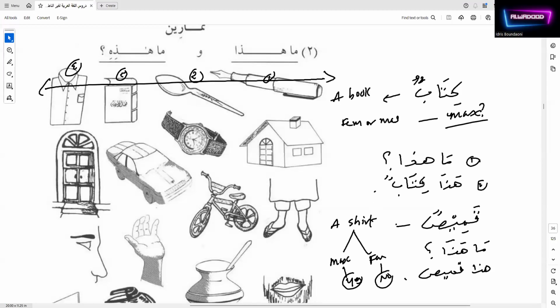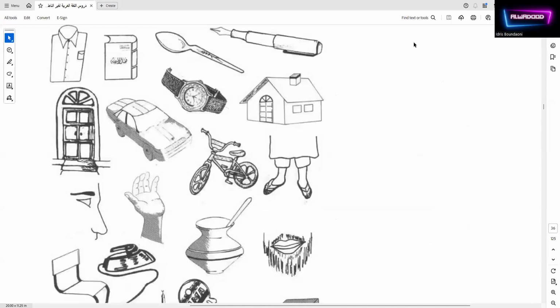But before that, you know that this is called, let me see, this is baytun, this is sa'atun, this is sayyaratun, this is babun, and this is rijlun, and this is darrajah, and this is yadun, and this is anfun, and this is famun, and this is qidrun, and this is mil'aqatun, and then we have miqwat and kursi.